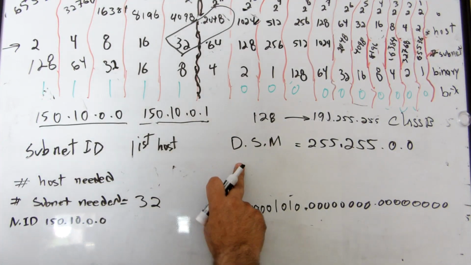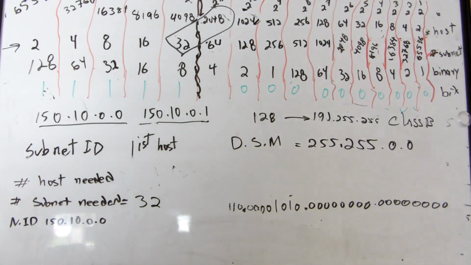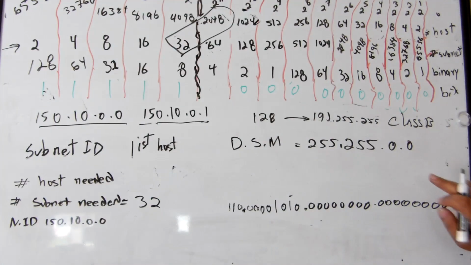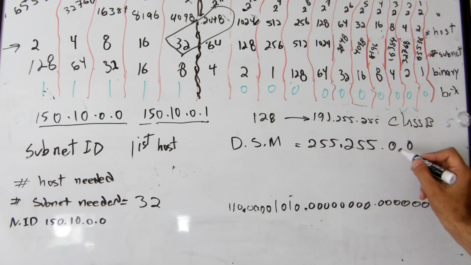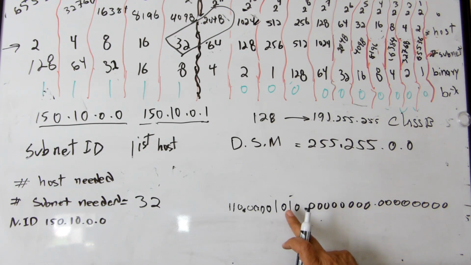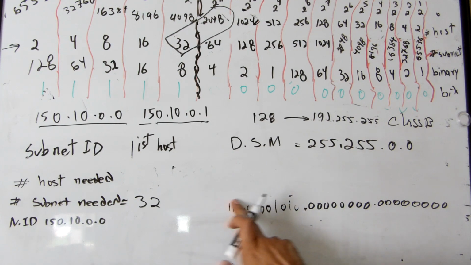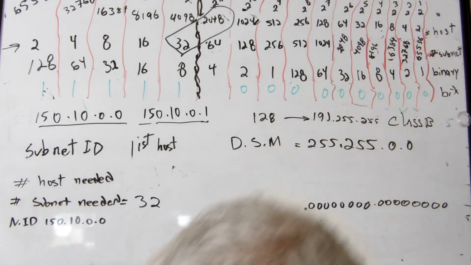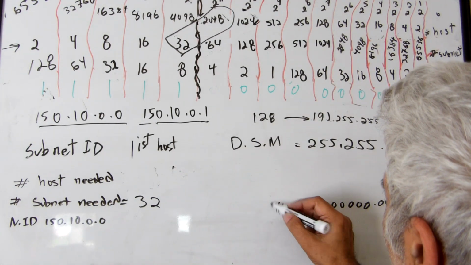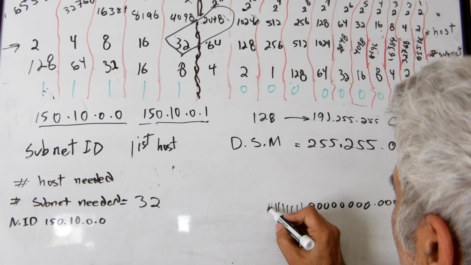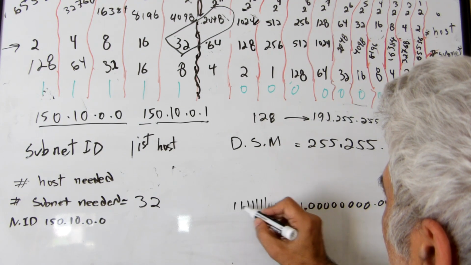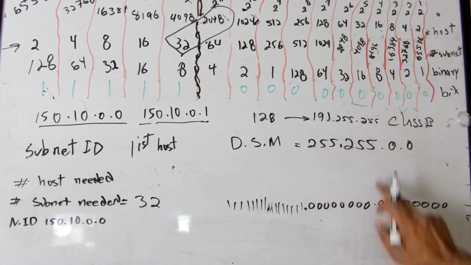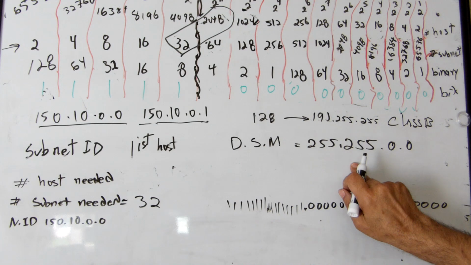That default subnet mask means if you have class B, you know that these zeros mean there are 8 zeros here and 8 zeros here, but these are 1s. These are the default subnet mask.